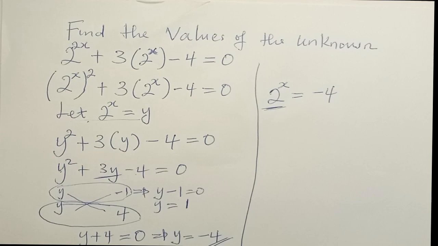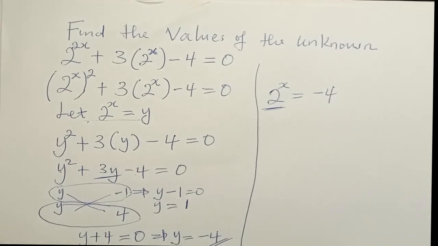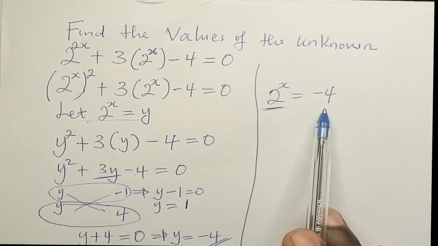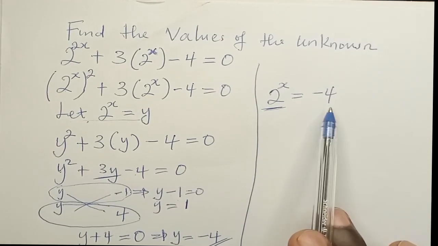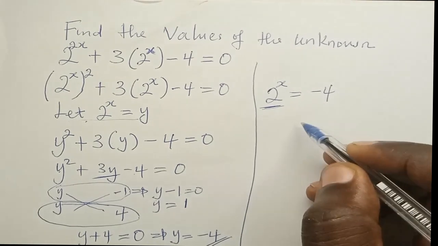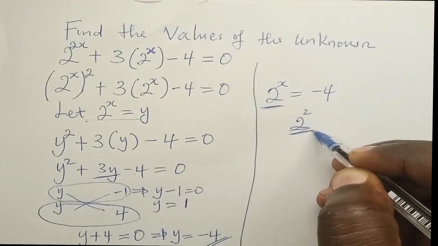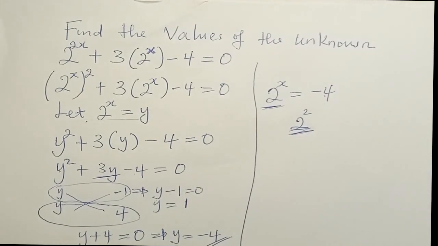In this case, there is no value that is going to exist, because the only value here that, if we raise it to the power, is going to give us 4, with the base being 2, is 2. If we use 2 raised to the power 2, we are going to have 4, but in this case it is minus 4 instead of 4.